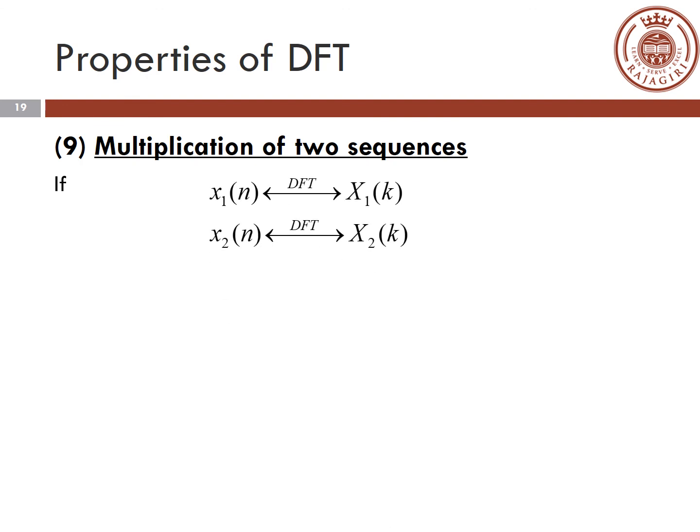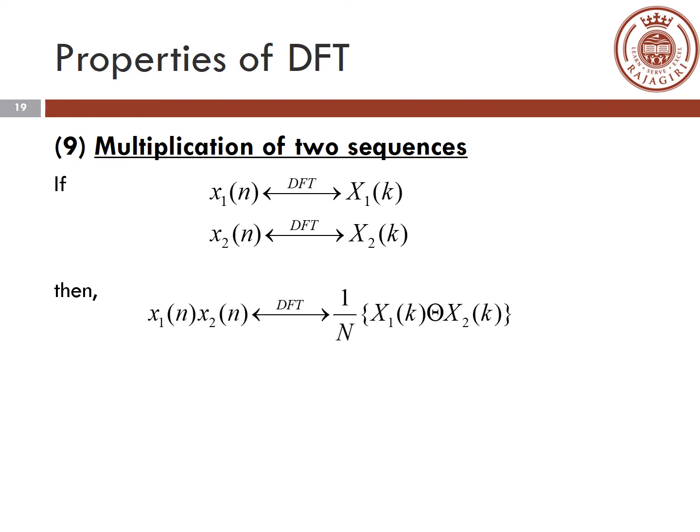If there are two sequences x1 of n and x2 of n and their DFTs are x1 of k and x2 of k, then the multiplication of x1 and x2 will result in this. But as we have seen in the earlier cases also, the dual property need not be exactly the same.